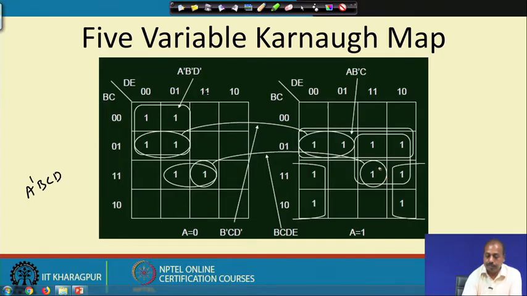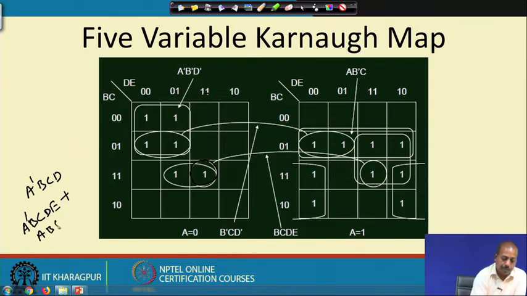So if you take, for example, this single term, this is your B C D E, and this B C D E. Here for the A equal to 1 map we have got B C D E. From the first map I am getting A bar B C D E, from the second map A B C D E. When they are combined, A plus A bar makes 1, so ultimately you will get B C D E.